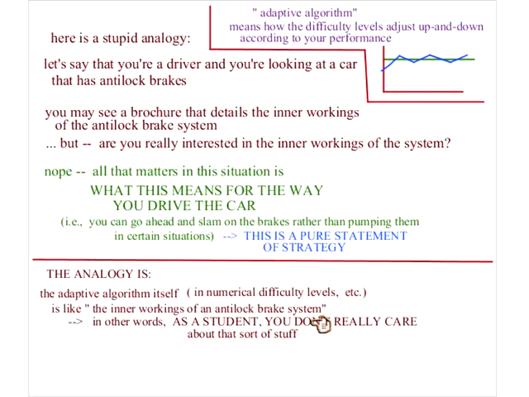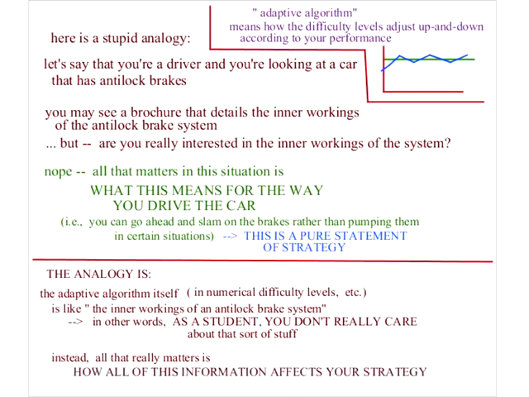Unless you actually write tests, you could not care less about things like numerical difficulty levels or the actual numbers on the graph like this. Instead, all that really matters is how this information affects your strategy.